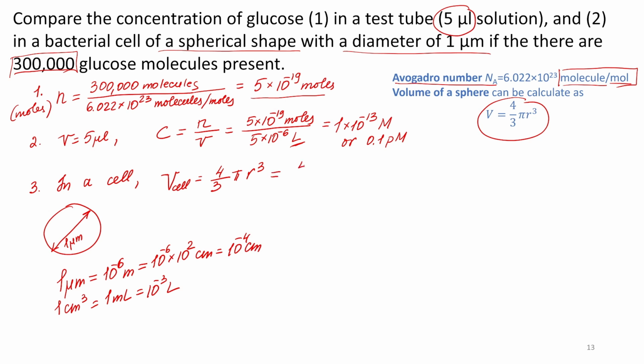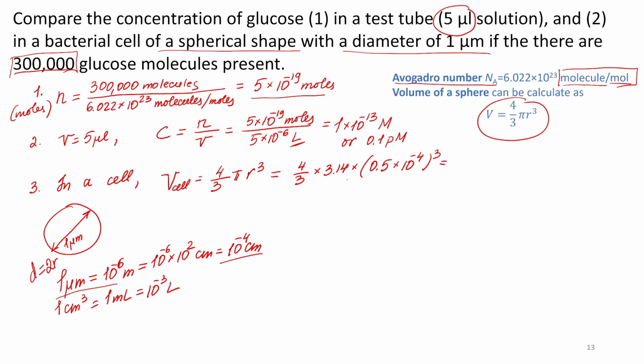So now I'm going to plug those numbers in the formula. Don't forget that this is our diameter, which is twice the radius. So we need to divide 1 micrometer by 2. And let's convert it to centimeters right away, using this equation that we derived right here. And again, that will be cubed.